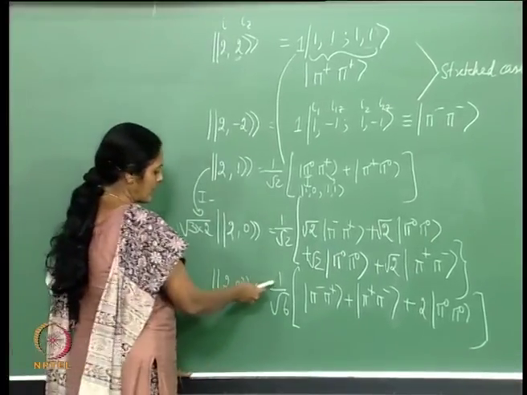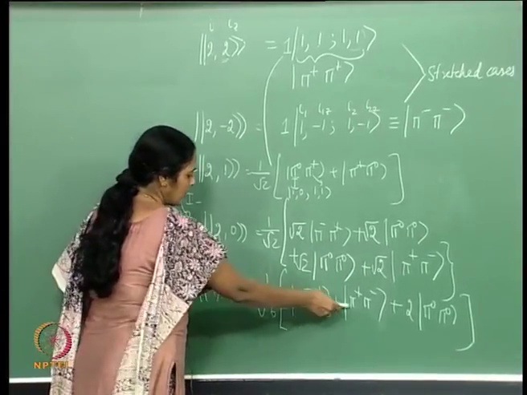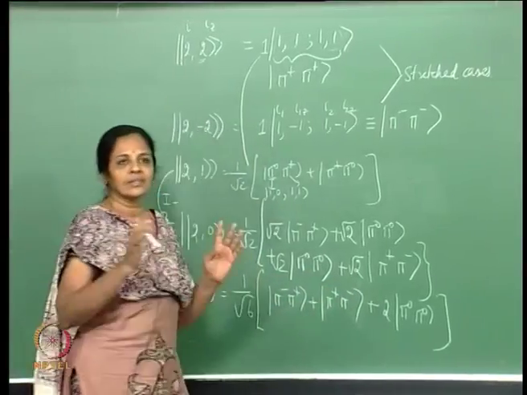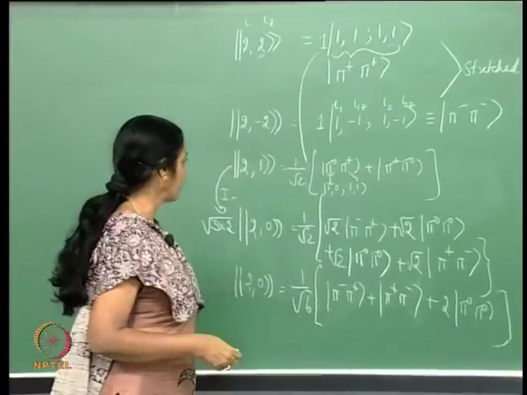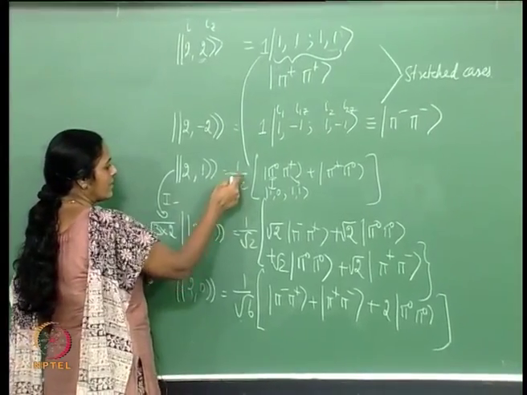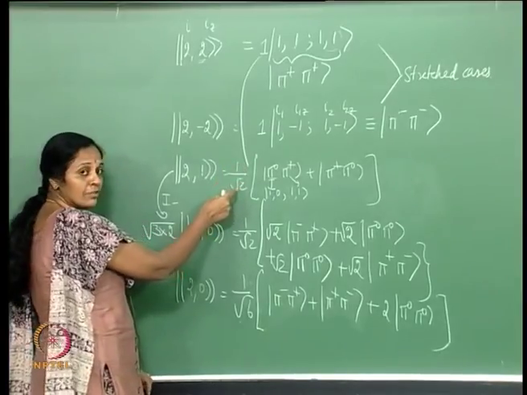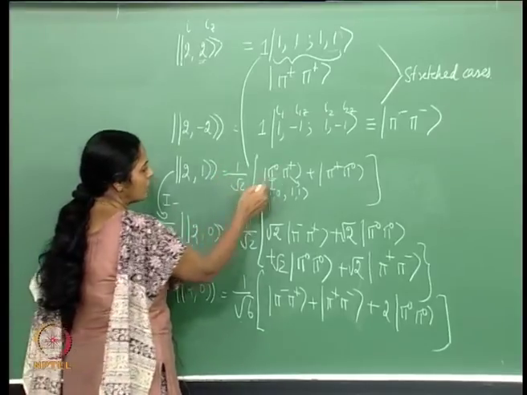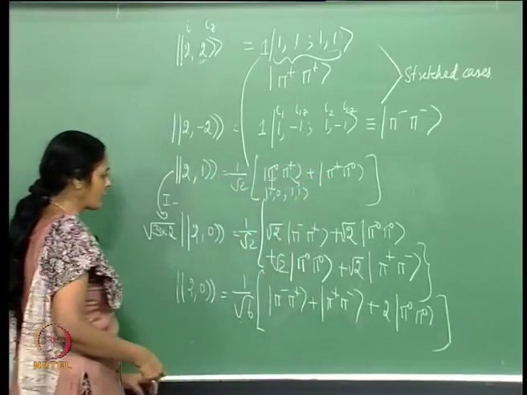Let us mod square this. This gives me, between these two, I get a 2/6 and that is a 4/6. That gives me a total probability of 1. At every stage, one has to check that the mod square of the individual CG coefficients when summed over gives me 1. So, that is a half from here and a half from there. That gives me 1 and so on.